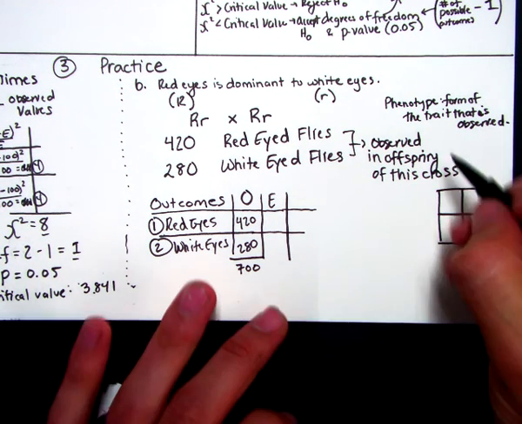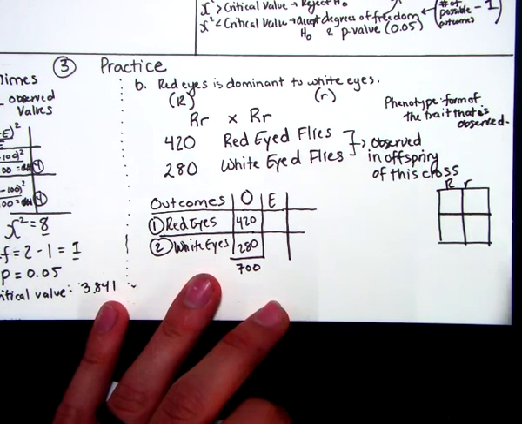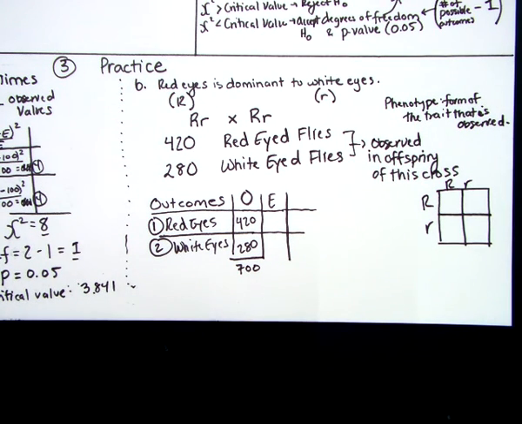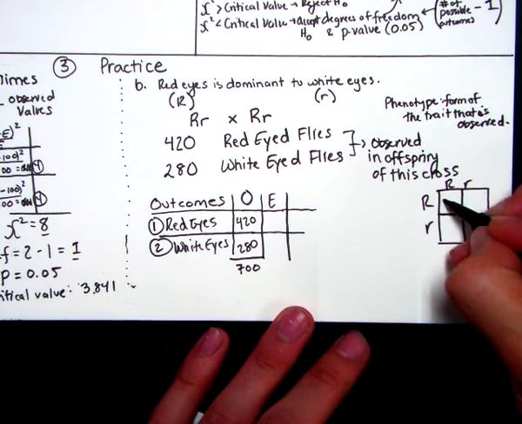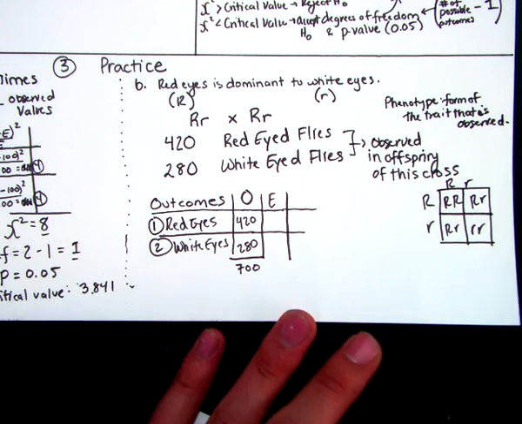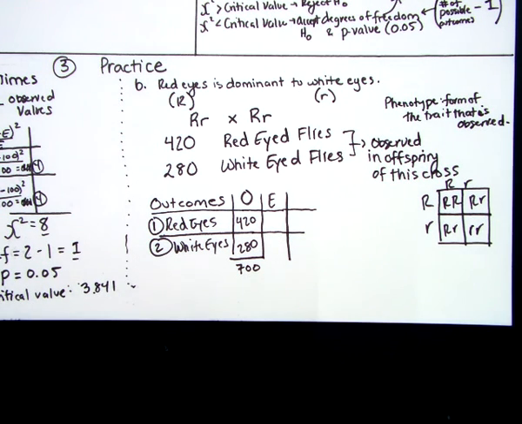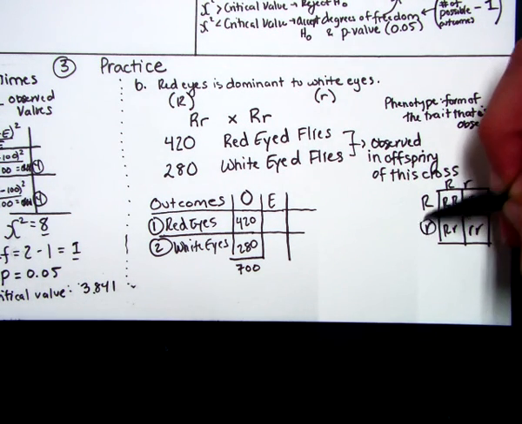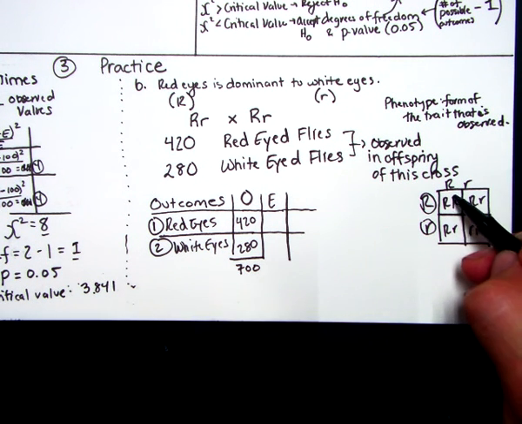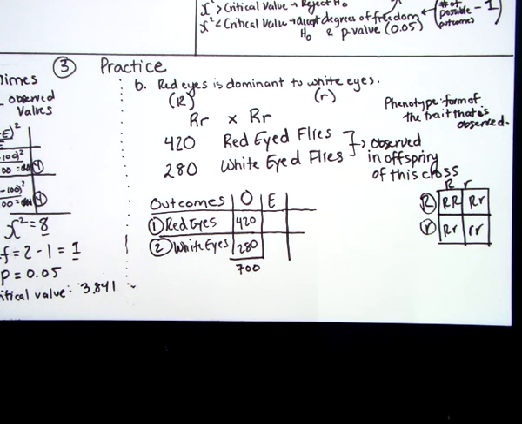So we would have parent 1 here, parent 2 here. We know that the parents can only pass on one allele to their offspring, so the possible combinations are this. Right, assuming that it's a 50-50 shot of which allele is passed on from each parent, these are the possible combinations.